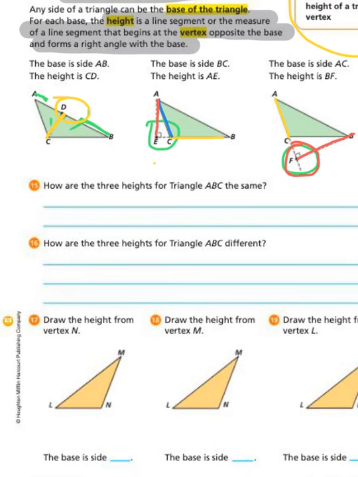It says, how are the 3 heights for triangle ABC the same? And they each start at a vertex. So let's see if I can get some room to write. That's one of the things. Each makes a right angle with the line.